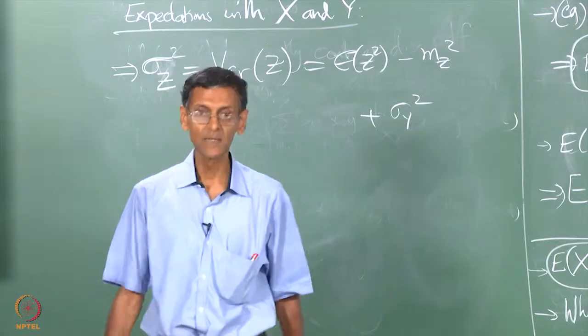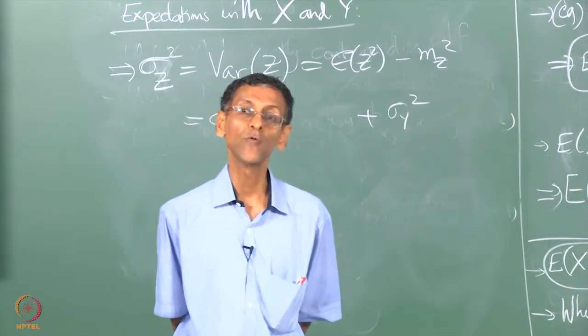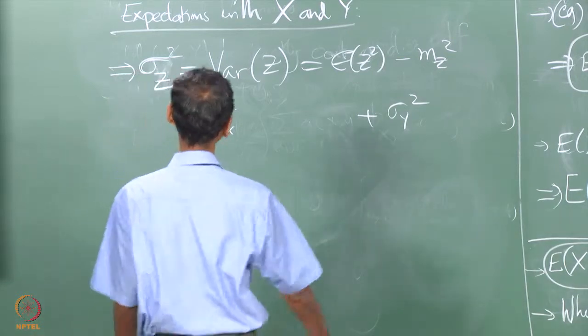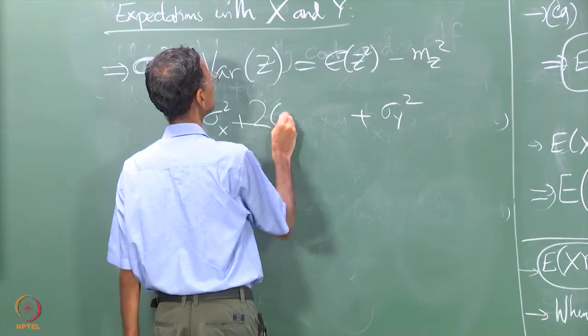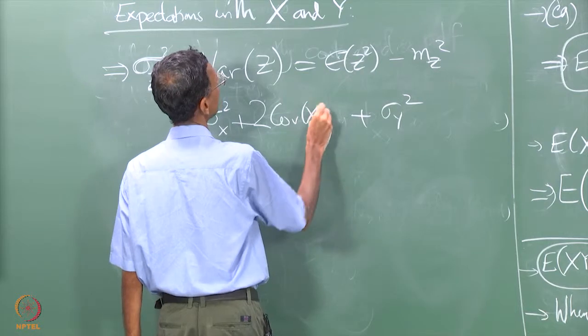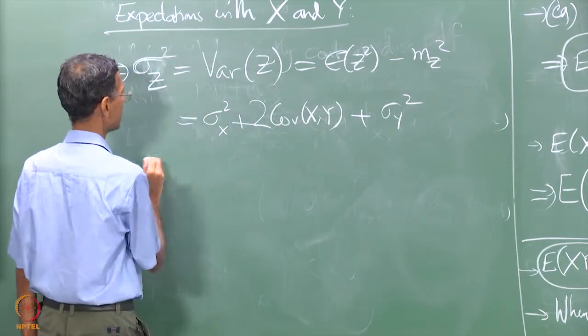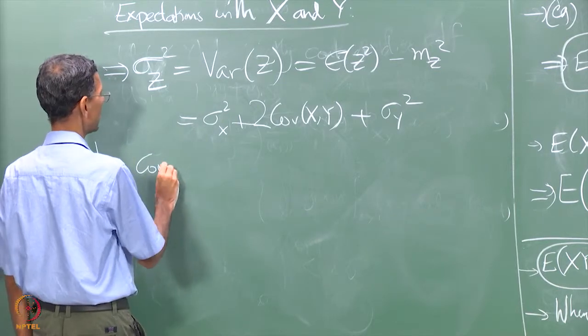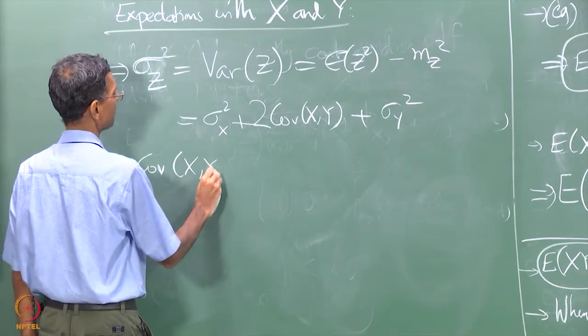What is the term in the middle? The term in the middle is called the covariance, the twice covariance of x comma y. So if I write this as 2 COV x comma y, where this covariance of x comma y is what? Tell me.